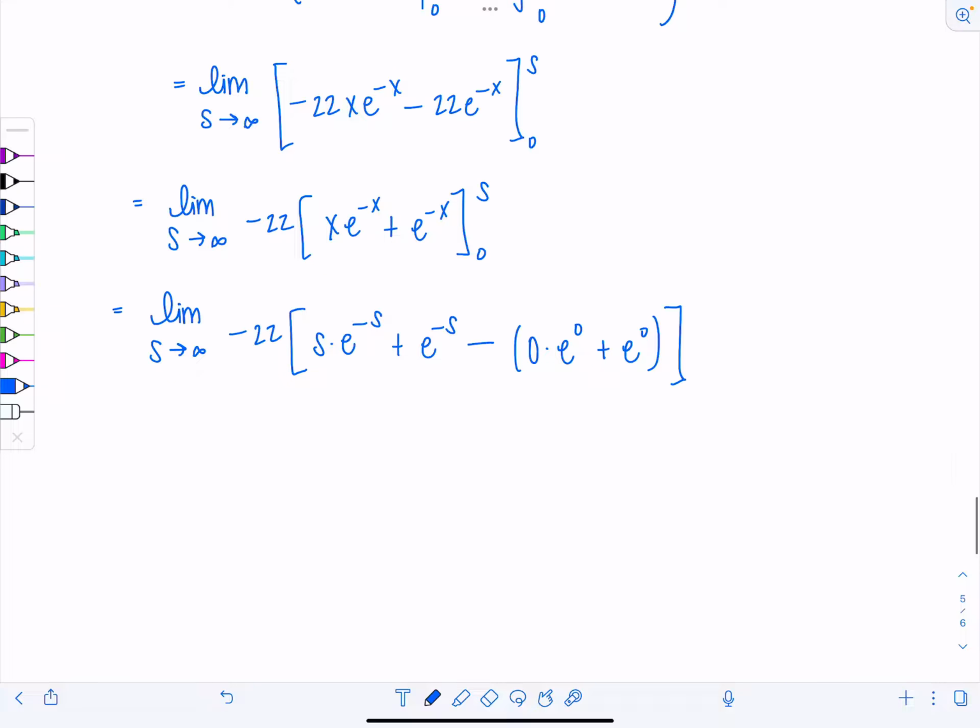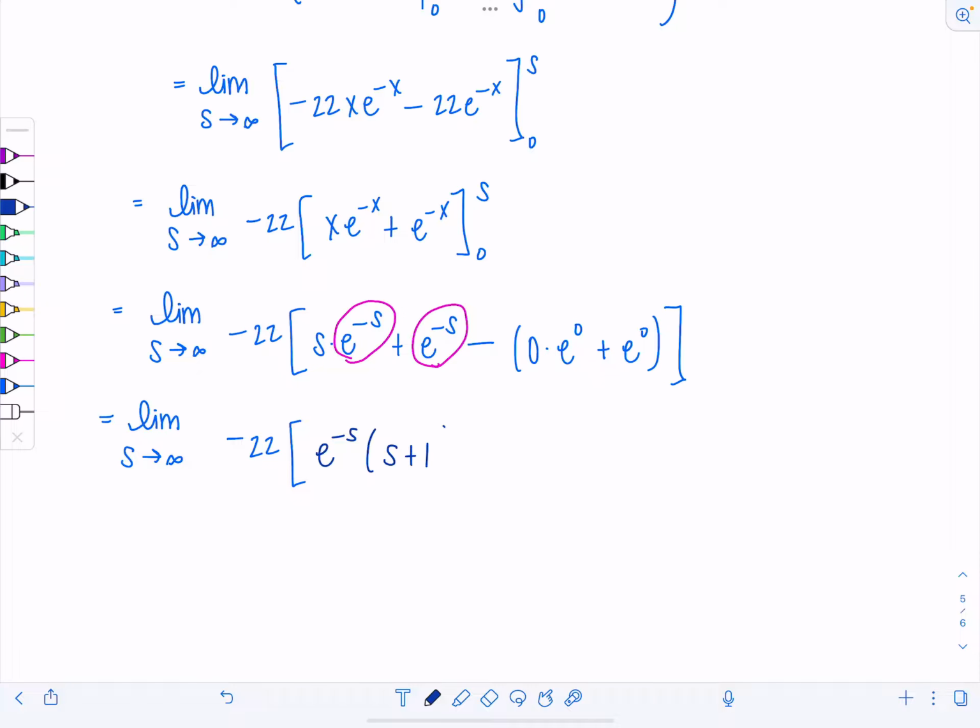Now let's see what's going on here. So we've got the limit as s approaches infinity of negative 22 times, this is going to be a little tricky. I'm going to factor out e to the negative s from both of these terms, and then I'm going to be left with s plus 1. We'll talk about that in just a second. This is just 0, and then e to the 0 is 1. So I have minus 1 left over.